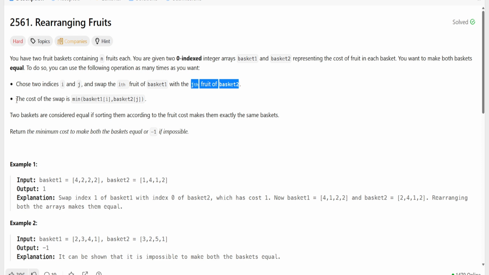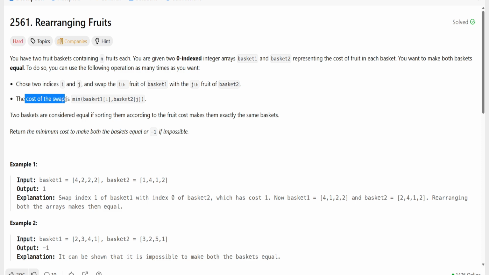And this is the function given. You can choose that and then swap that. And the cost of the swap you can calculate through this function. This function contains two arguments: the element of basket 1 at index i and the element at j of basket 2. So this is called the cost of the swap.